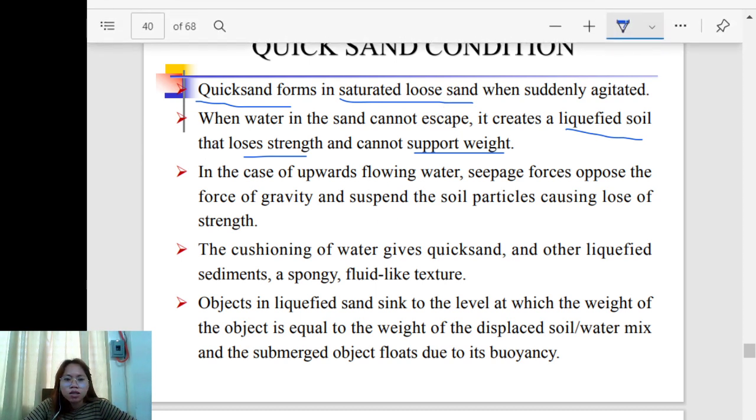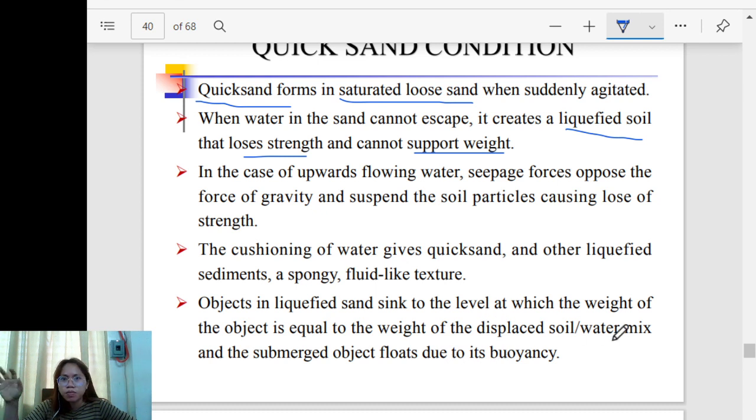In the case of upwards flowing water, seepage forces oppose the force of gravity and suspend the soil particles, causing loss of strength. Then the cushioning of water gives quicksand and other liquefied sediments a spongy fluid-like texture. Objects in liquefied sand sink to the level at which the weight of the object is equal to the weight of the displaced soil or water mix, and the submerged object floats due to its buoyancy.